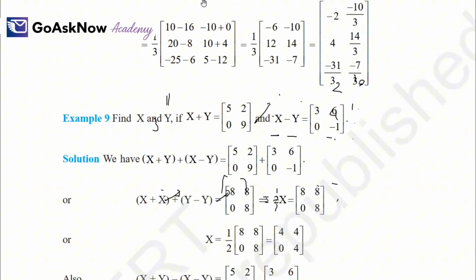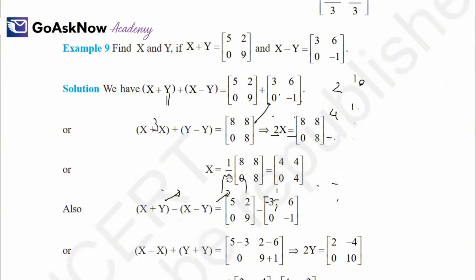Okay, that is how you calculated this. Let's move further and see the next thing. So from here you got that x value, and also you can get the y value by x plus y minus x minus y term.